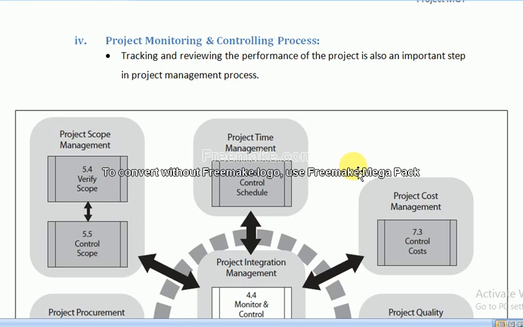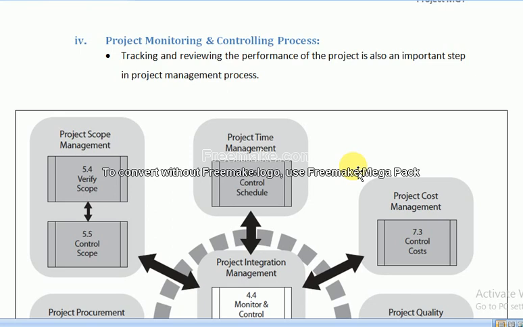Unlike the other phases, it is done from the beginning until the end of the project. These activities check whether the project is going as planned and whether there are any deviations from the baseline.